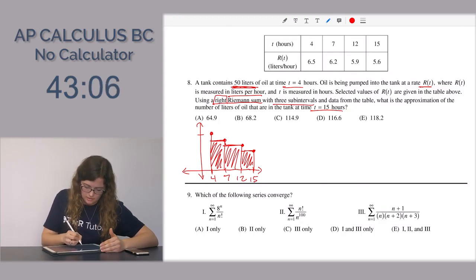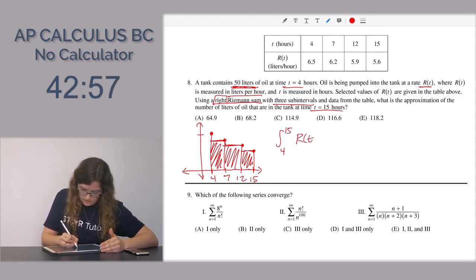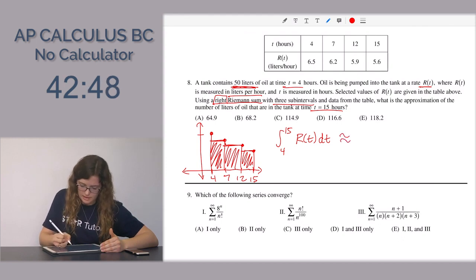So I'm approximating the integral from 4 to 15 of this R of t, the rate at which the oil is being pumped in, dt. I'm going to approximate this by this right Riemann sum.